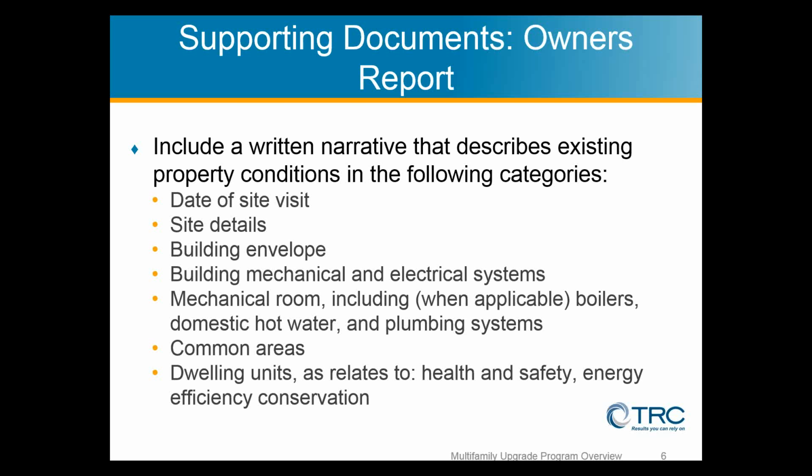We're also looking for the building mechanical and electrical system details, and if there are any mechanical rooms on site where there are central boilers or domestic hot water, we're looking for where those are located on the property and what is included in those rooms.